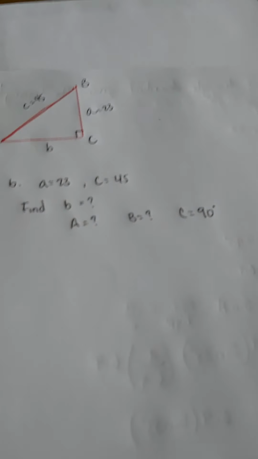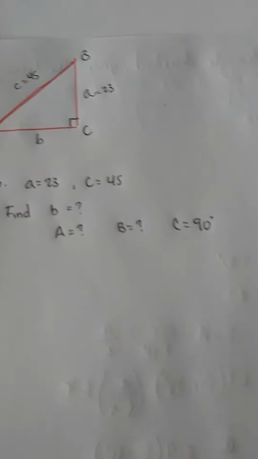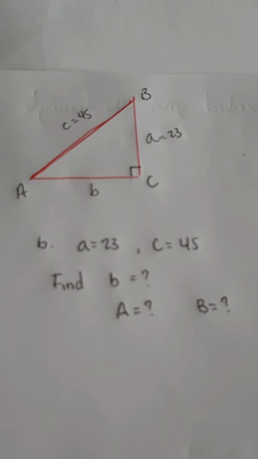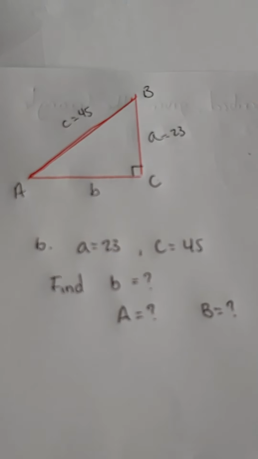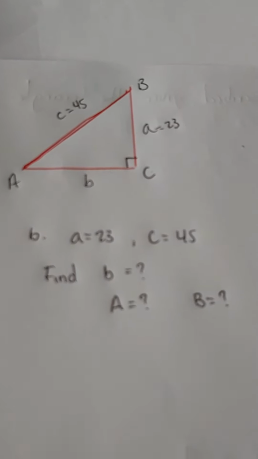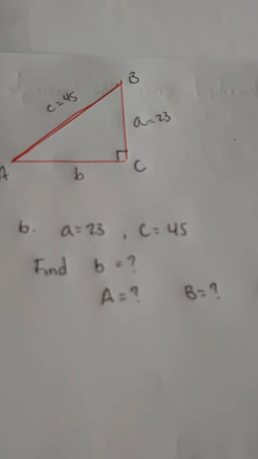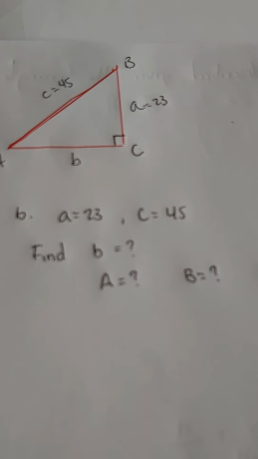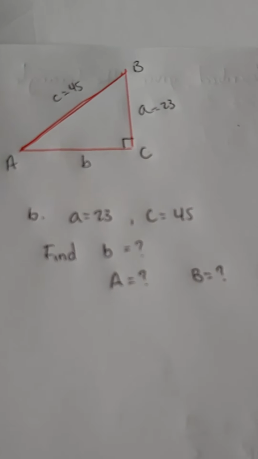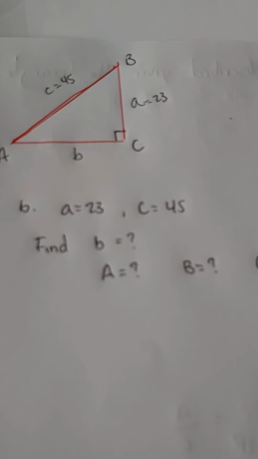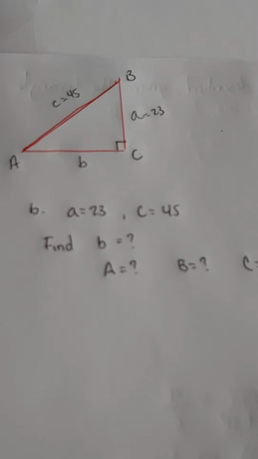Now, how would you like to find side B? We can use trigonometric ratios, or we can also use the Pythagorean theorem, right? Because we know two sides of the right triangle.